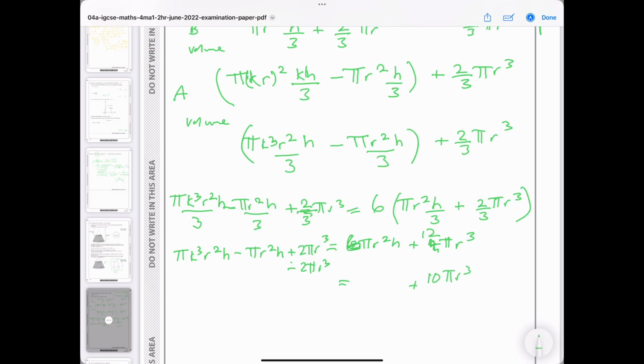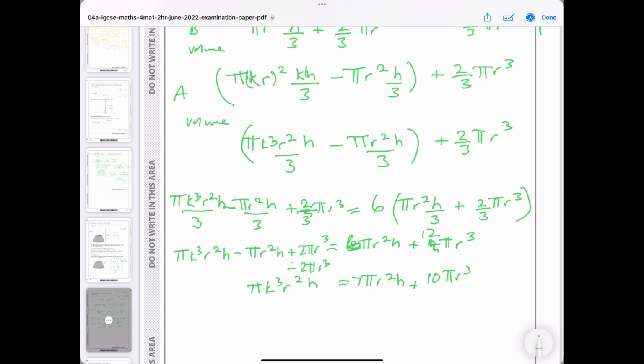And then that's a pi r squared h, I can add that to both sides. So that's 7 pi r squared h, and then that's pi k cubed r squared h. Right, now I've got to get h all onto one side.